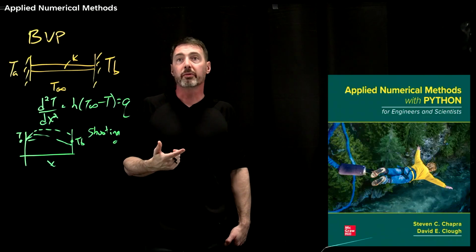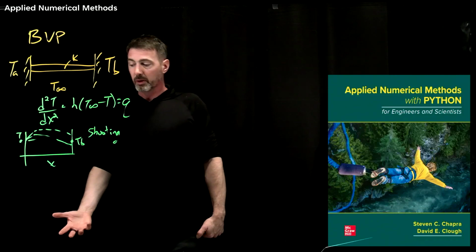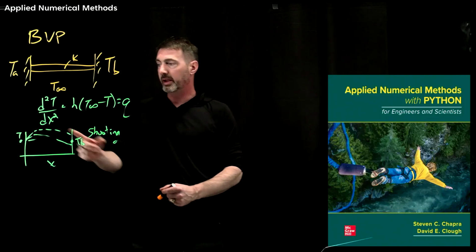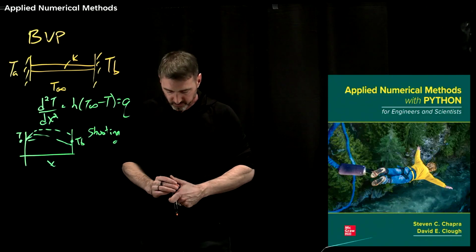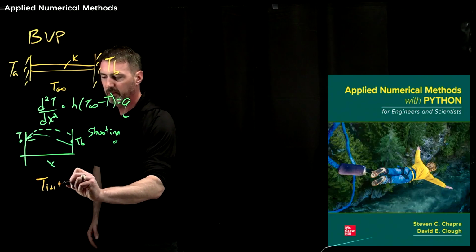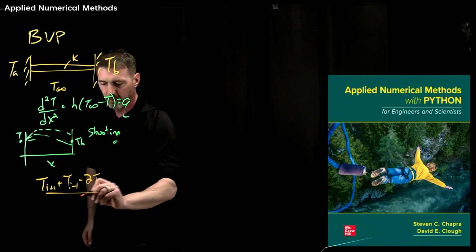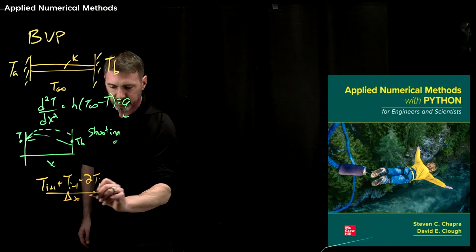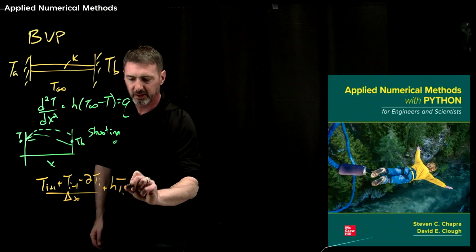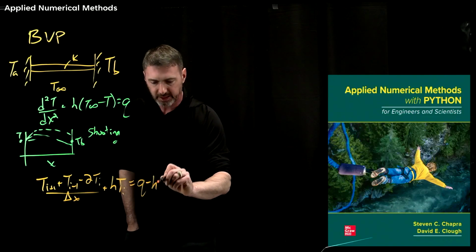You can use all the tools we talked about last time, Runge-Kutta, things like that. Okay? Or you can go ahead and take this into the finite difference form, where this would then look like T at i plus 1, plus T at i minus 1, minus 2 T at i, over delta x squared, plus h T at i is equal to q minus h T infinity.